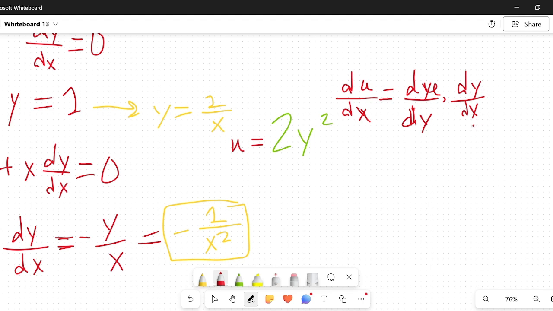So u prime will be equal to 4y, and because we have to multiply by dy over dx, we multiply that out. This is how implicit differentiation works.